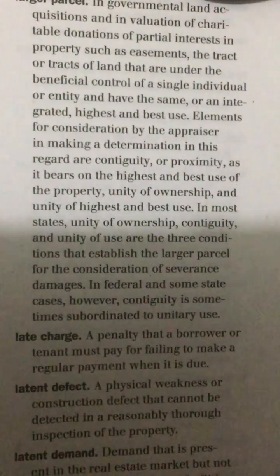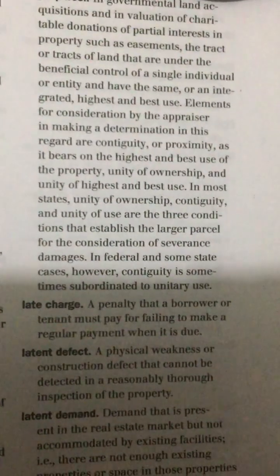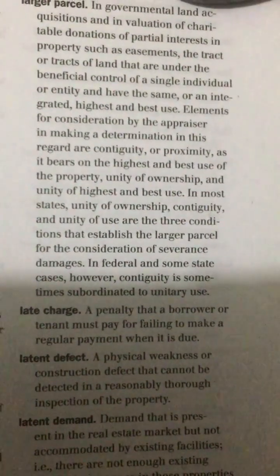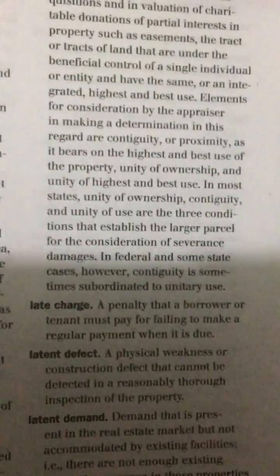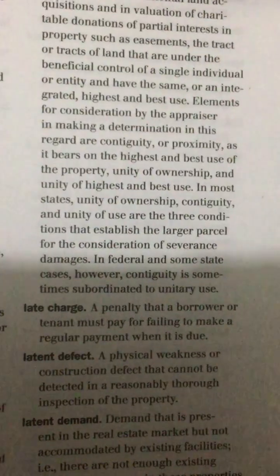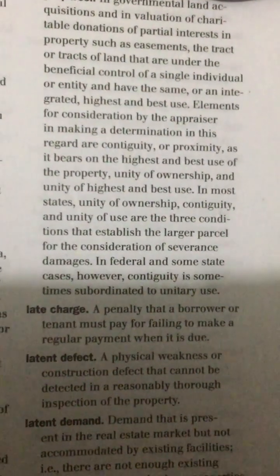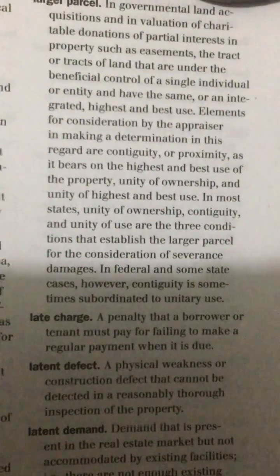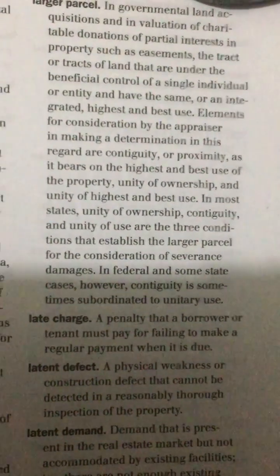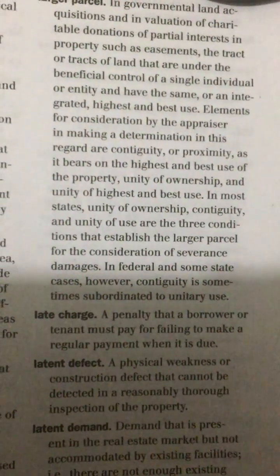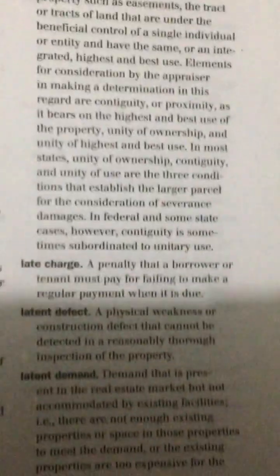In most states, unity of ownership, contiguity, and unity of use are the three conditions that establish the larger parcel for the consideration of severance damages. In federal and some state cases, however, contiguity is sometimes subordinated to unitary use.